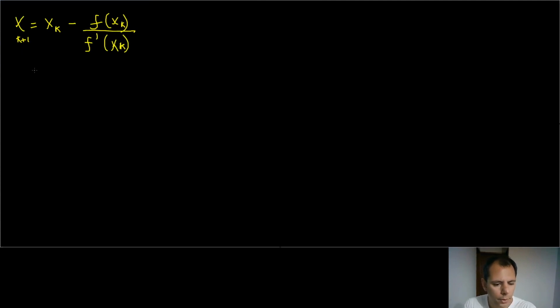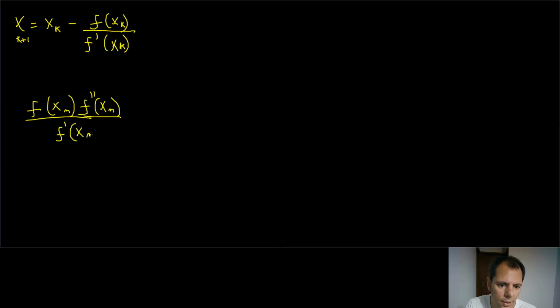There's a formula that says that in order for this to converge, you want f of xk, or x1, xn, whatever, you want f of xn times the second derivative of f at xn, divided by the first derivative of f at xn squared.